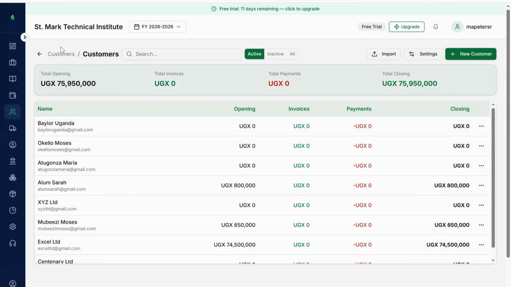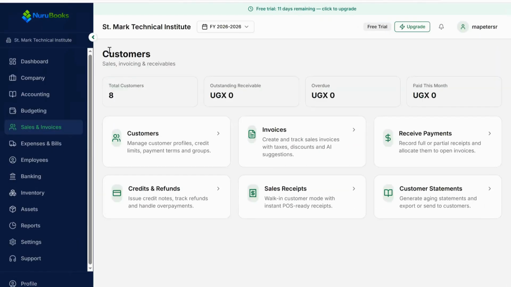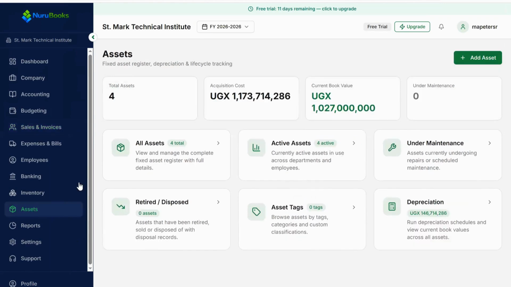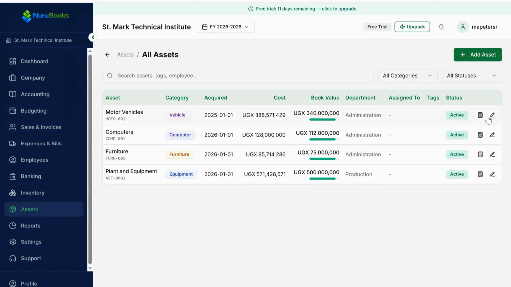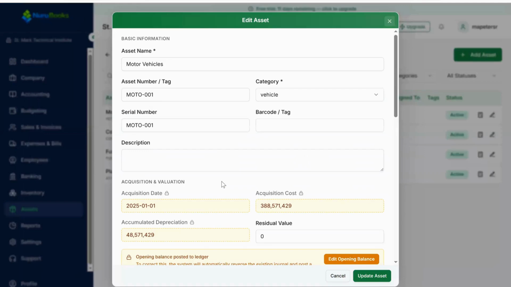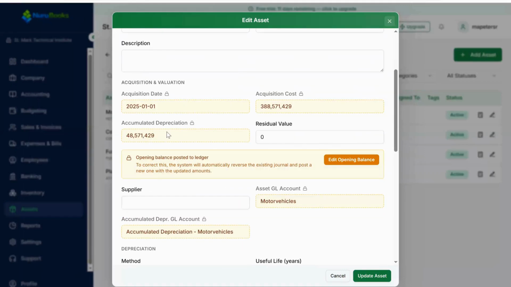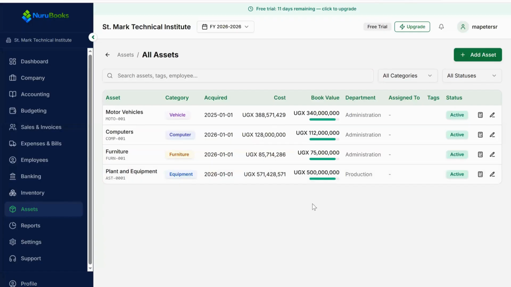Similarly, we have just worked out the assets. You've seen that our assets were entered with opening balances. We were able to put the opening balances of accumulated depreciation and also the acquisition cost. So opening balances, as you can see in NuruBooks, are supposed to be entered at the point of creating your various accounts.